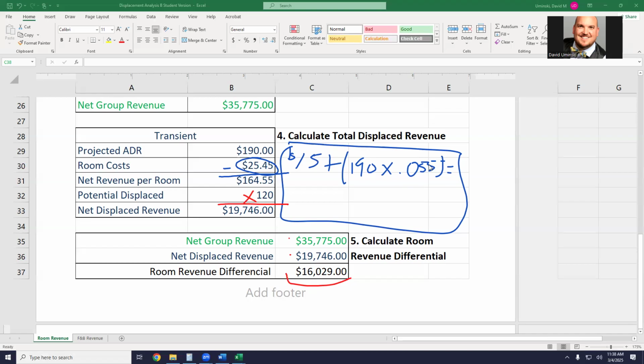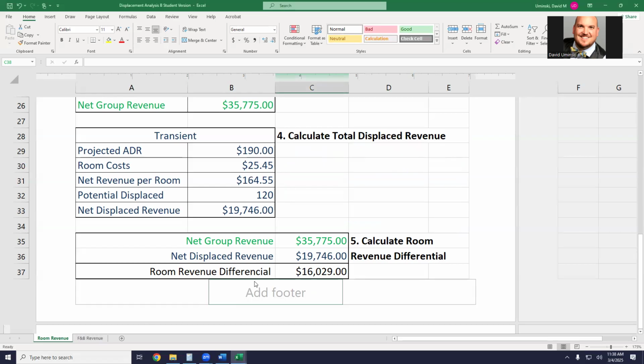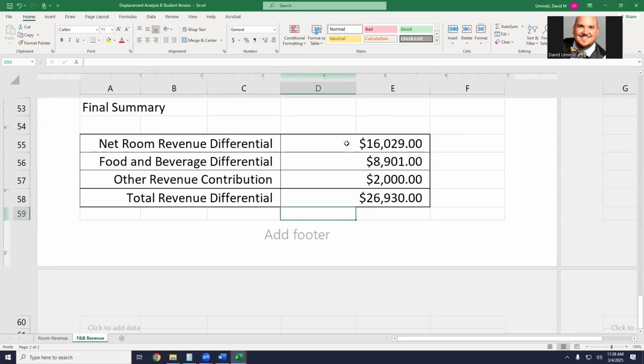Now, when we add that all together, our net room revenue differential, the food and beverage differential, and that other revenue, if we were to take this group, it would result in potentially $26,930 worth of business. That would be at the expense of having to displace 120 people.